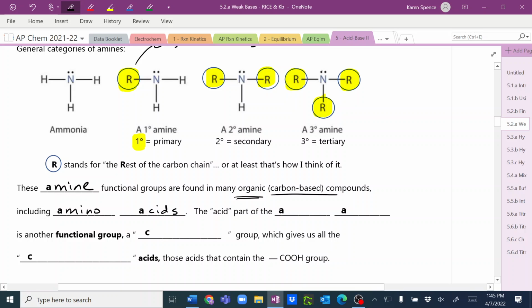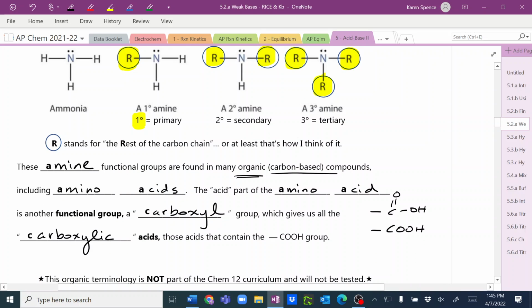The acid part of an amino acid, what is its functional group? That is a carboxyl group. And that, remember, is our COOH, right? And we know our acids are COOH, which gives us all the carboxylic acids.